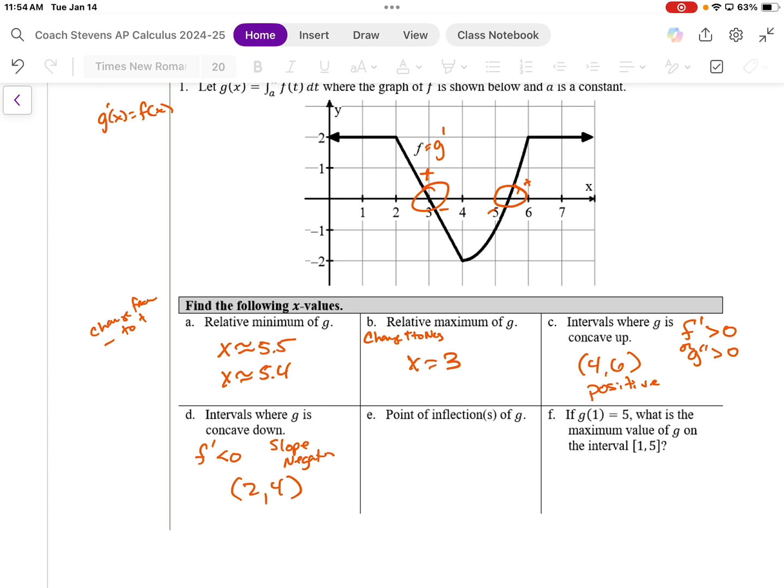So where does f prime change signs? Well, right there is where f prime changes signs. We went from positive to negative. So at x equals 4, I have a point of inflection.